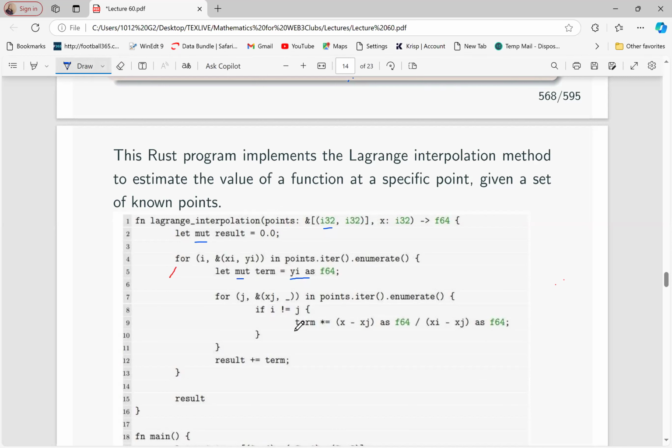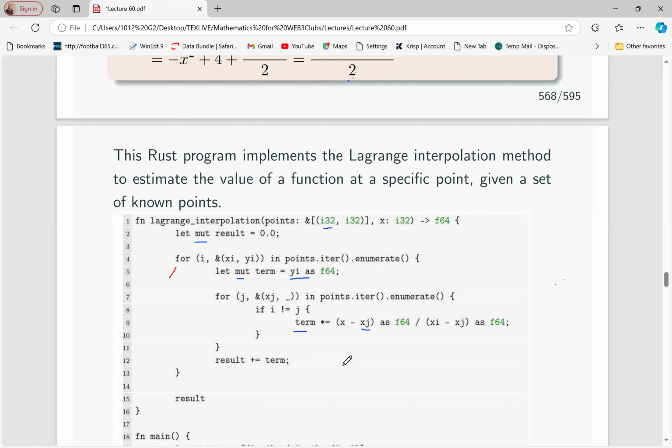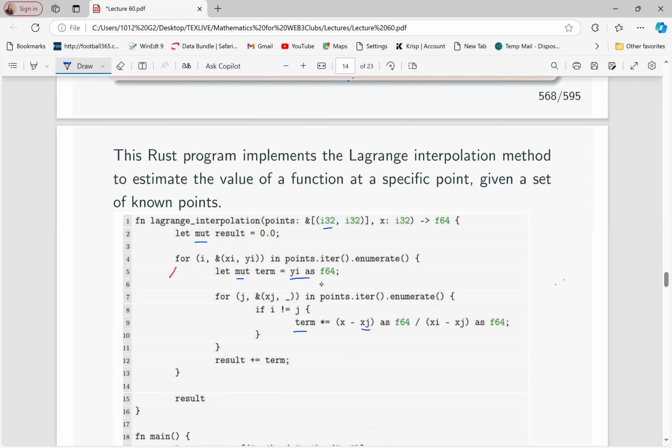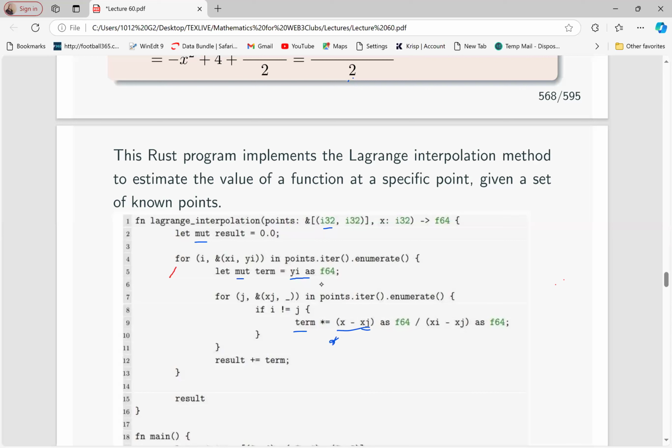What it says is that the term will be x minus xj. And remember that this j is changing. For instance, if we are looking at the first point, that's what we've already done. What it is talking about here is x minus x naught. If the point is x naught, then this will be x1, and then multiplied by x minus x2, and so on.